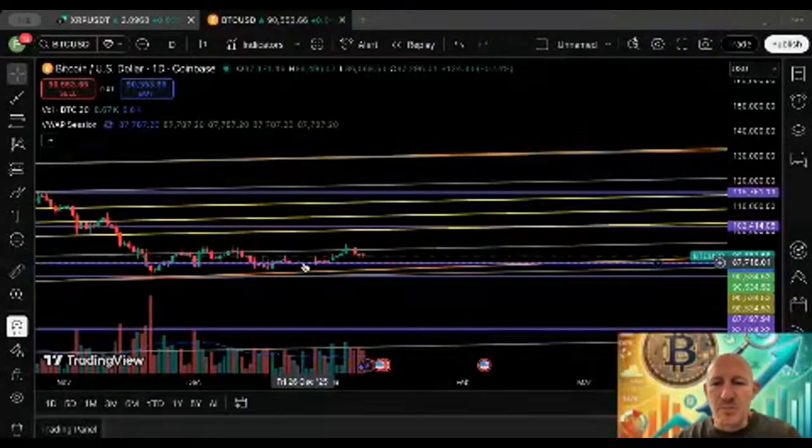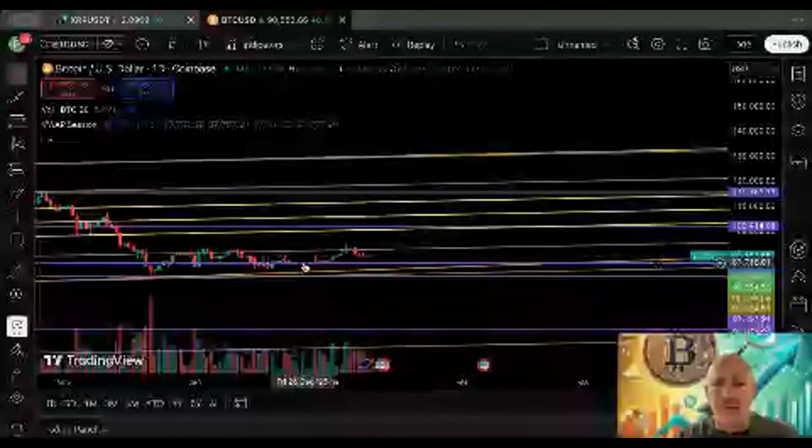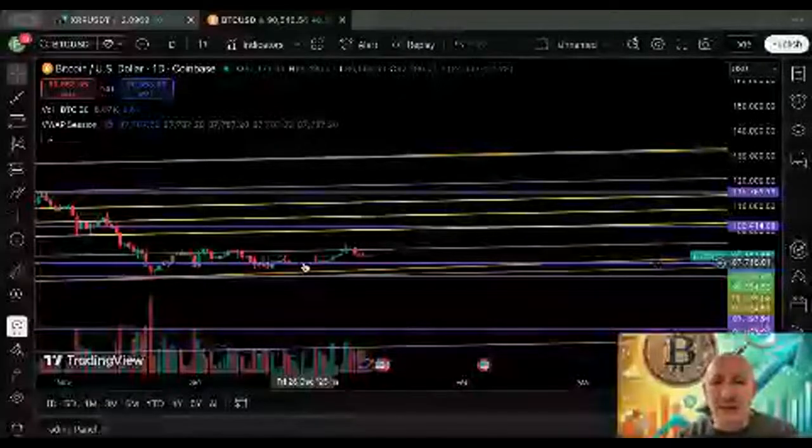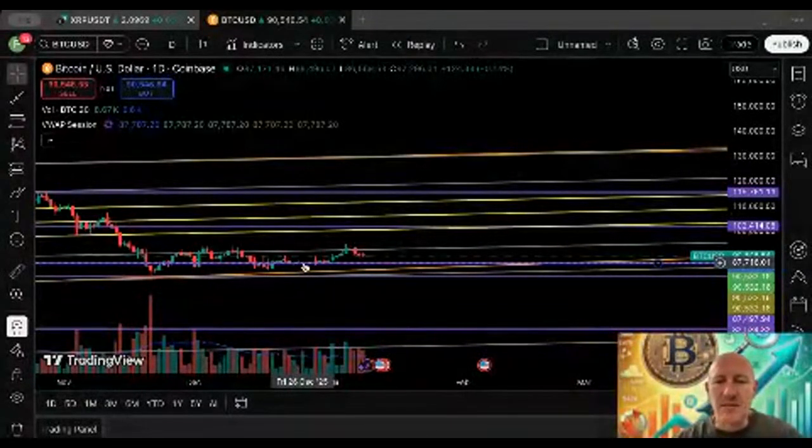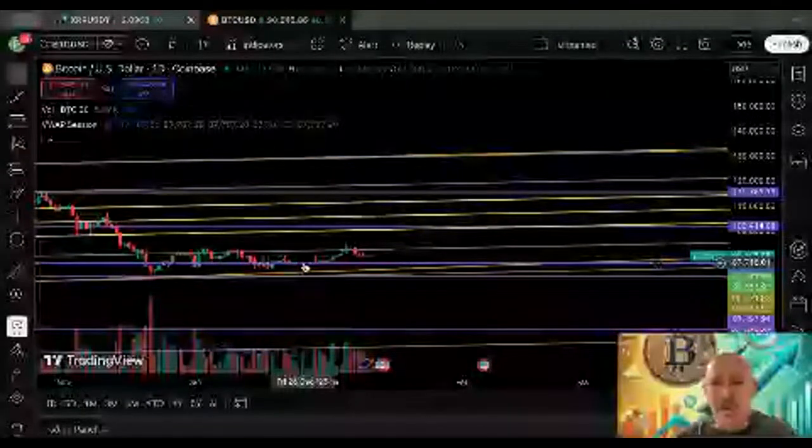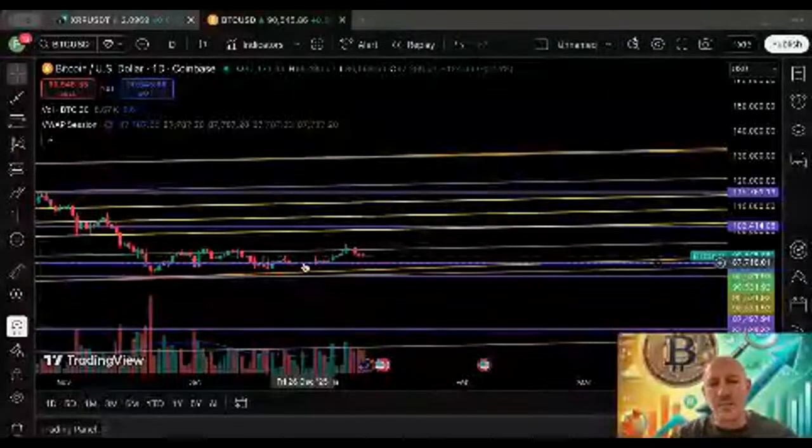If you have a bearish bias and you get those critical support levels, then it reacts, and then you enter your short position versus your long.